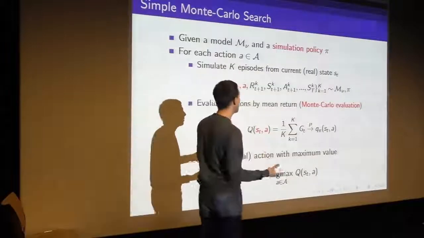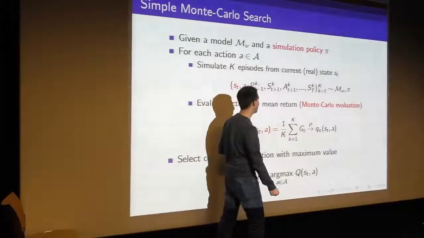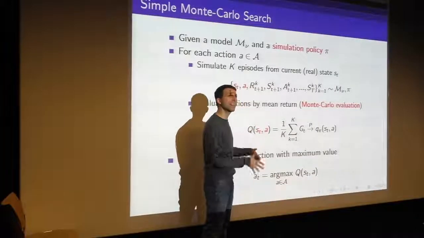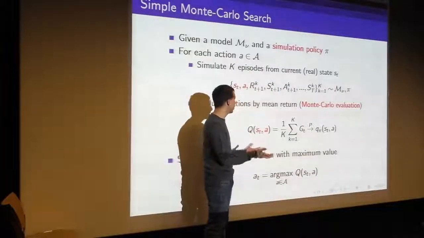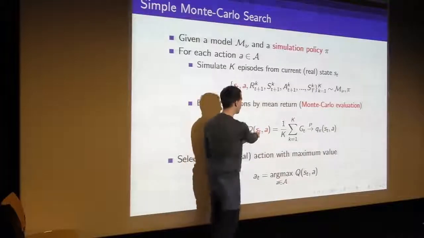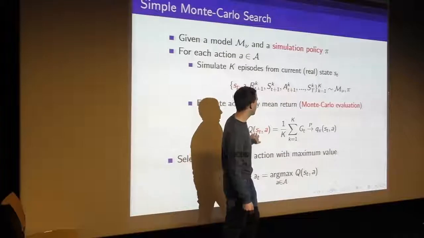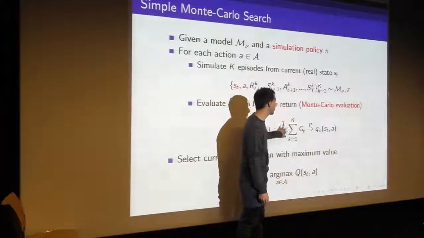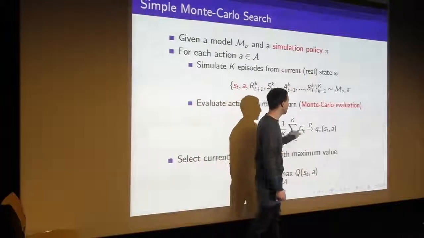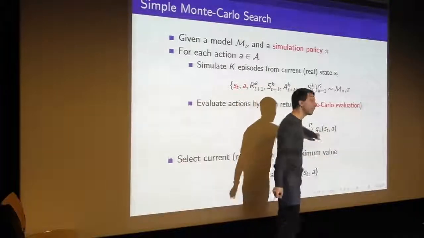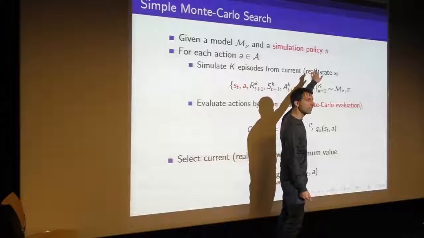We evaluate each of those in turn, and what we see is that if we just evaluate our actions, that gives us an action value function for the root of this search tree, starting from my root, considering all of the actions I could take, and just taking the mean of these returns. And all this is saying is that, by the law of large numbers, this really does give us the true value function for our simulation policy.